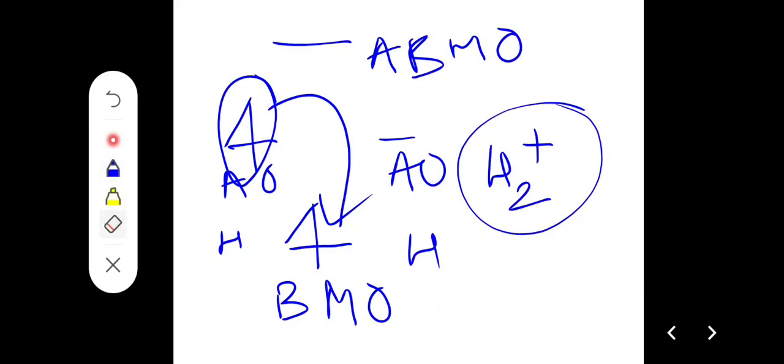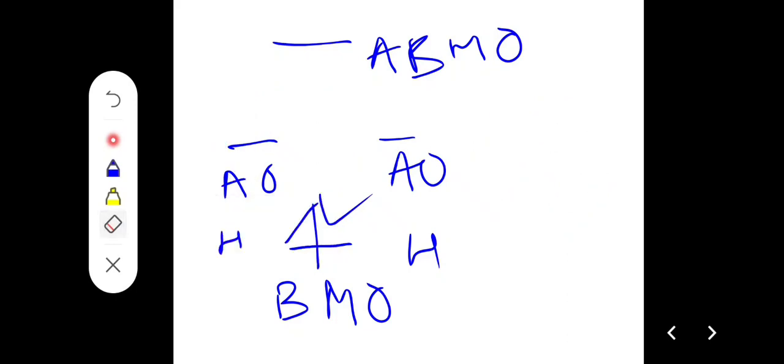Why? Because a system or electron always tends to go to the lower energy, more stable state. Of the bonding and anti-bonding molecular orbitals, the bonding molecular orbital has lower energy, so it is more stable. So the electron goes into the bonding molecular orbital to get stability.